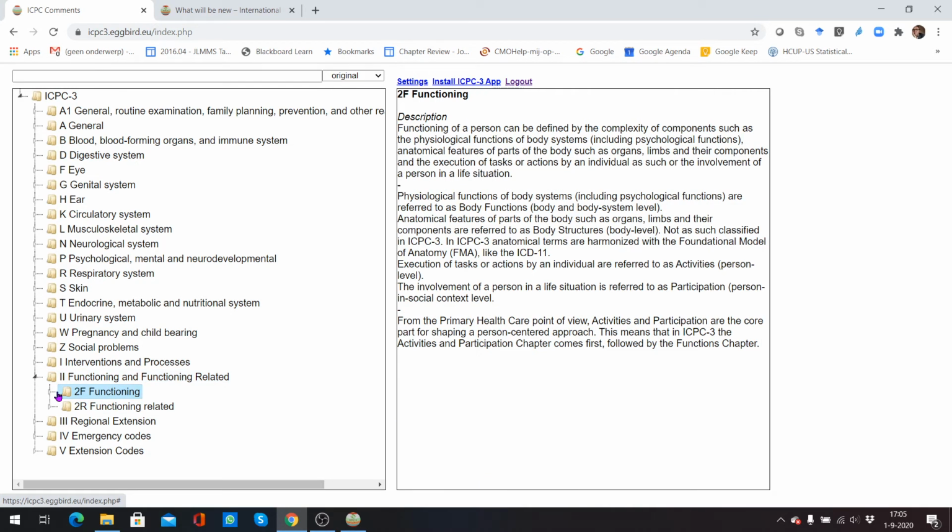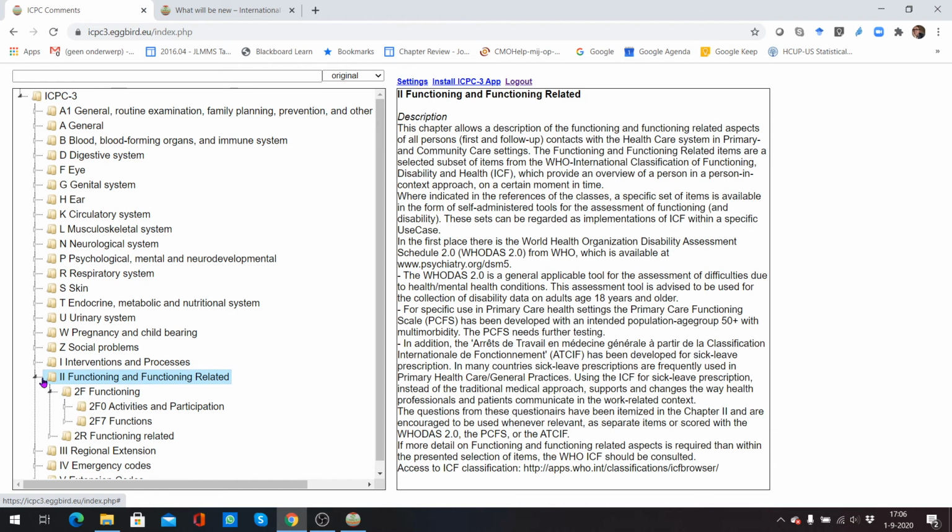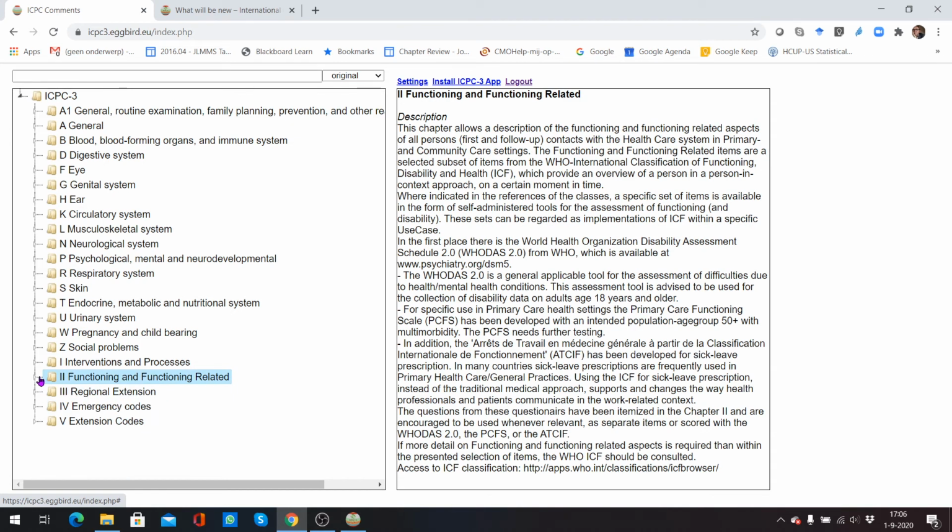In the functioning we have 2 different groups, 2 different categories: the activities and participation, and the functioning. We think that capturing this kind of information is very important to the patients. It's also important to get an impression about the outcomes of our actions. In a separate video, we explain more about this chapter.